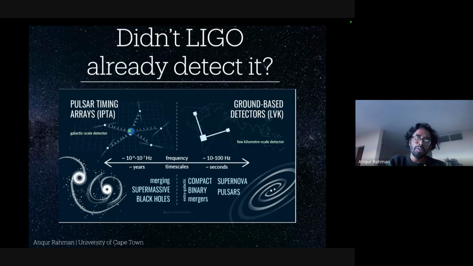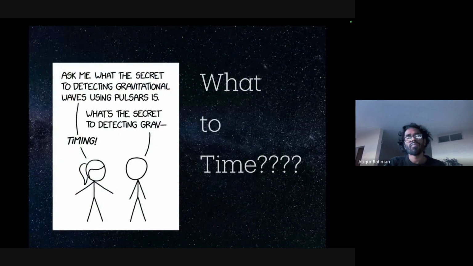That's why people are observing these pulses for so long. Okay. Now, the idea is that you need to time these pulses for a long time. But what do you mean by time?